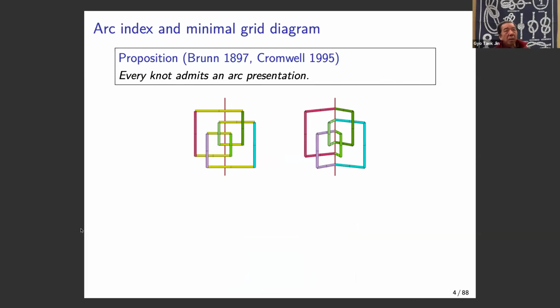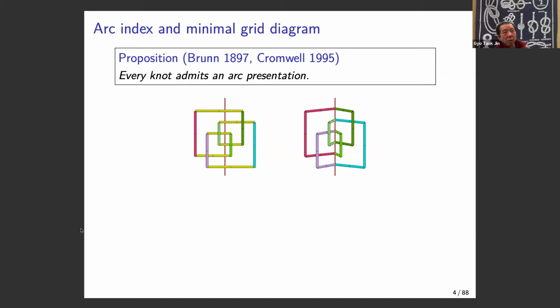The arc presentation was first considered by Brunn in 1897, and Cromwell brought it to our attention in 1995. And every knot admits an arc presentation.